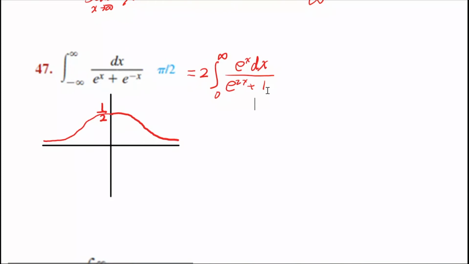Now, do you recognize this thing? I think I have done it once before, maybe twice. We do a trig sub. This is the x squared plus 1 format. So we let e to the x be tangent theta. Once you do that, take the derivative on both sides. So e to the x dx becomes secant squared theta d theta.